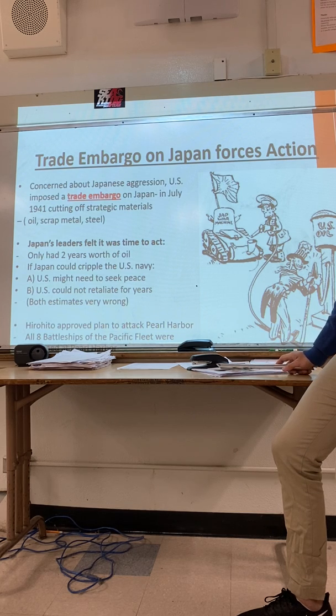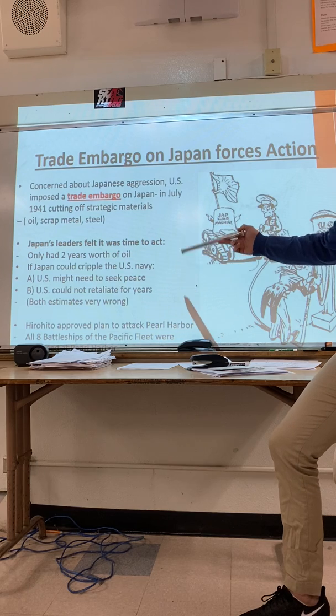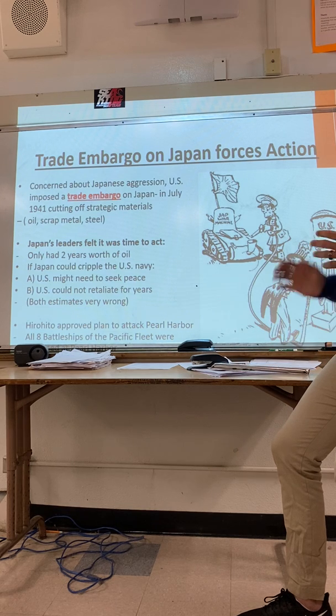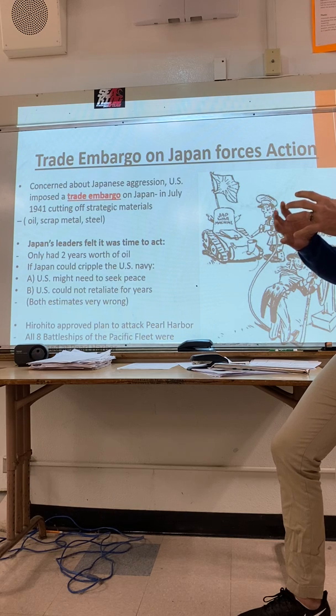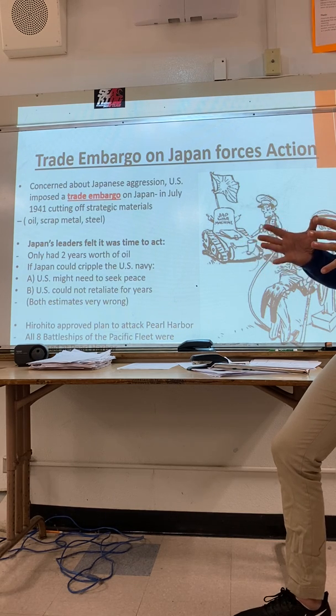And so their oil will start dwindling immediately unless something is done about this. Japanese leaders know this. And so if Japan can come in and cripple the U.S. Navy, the U.S. might seek peace. The U.S. might say, we can't fight you, we have to surrender. And so it just so happens that the U.S. Navy, in fact, all eight of the American battleships are stationed at Ford Island in Pearl Harbor.